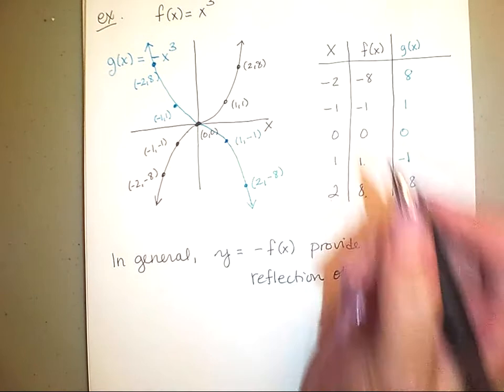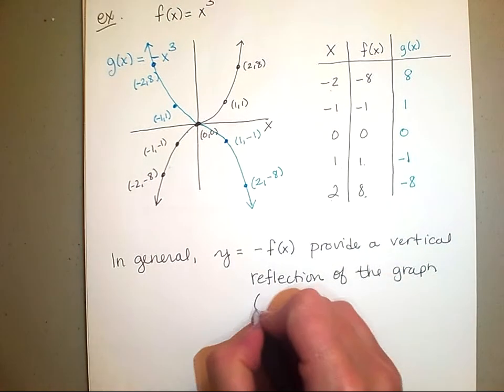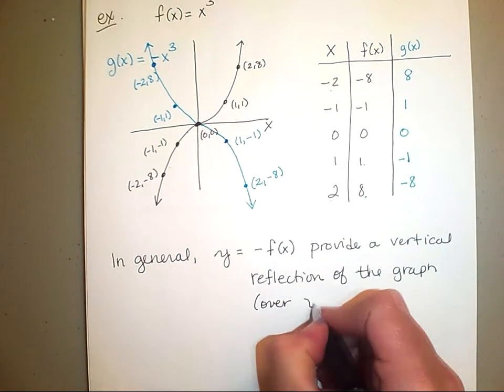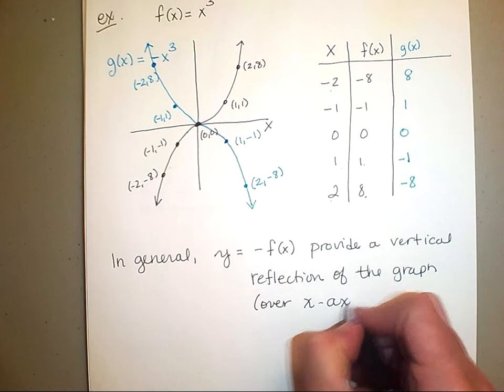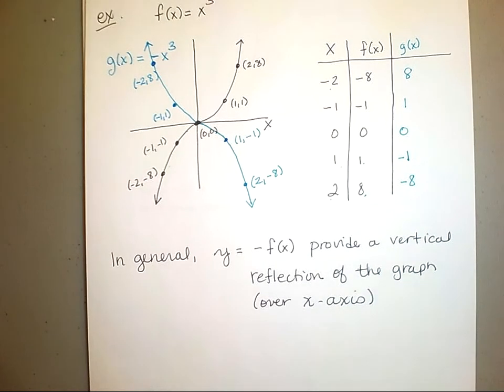That is, we flipped it over the x-axis. So this is going to make graphing things and sketching the graph of our functions so much easier for us. So let's do some examples so you can see.